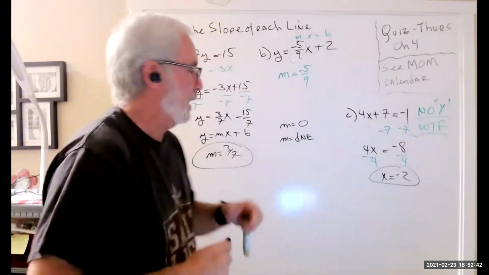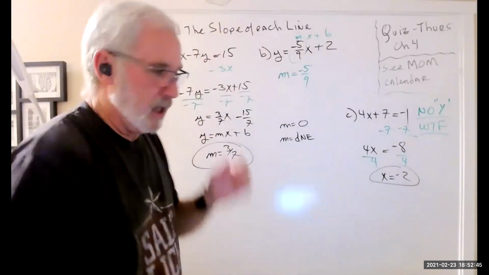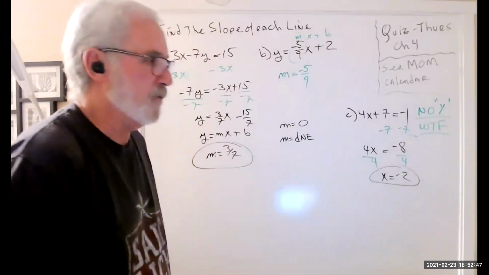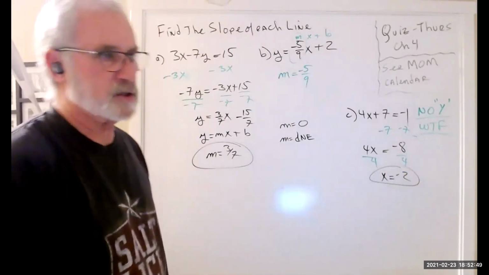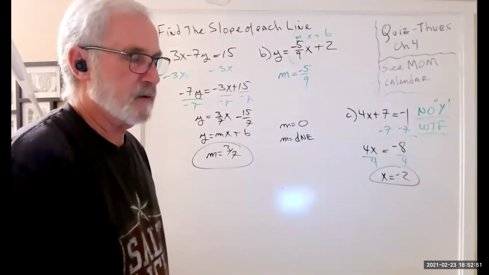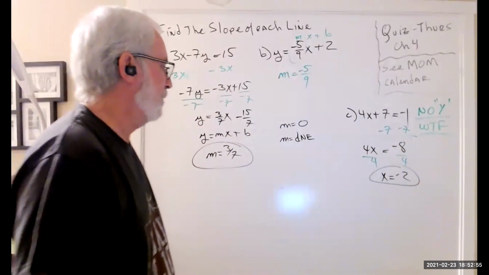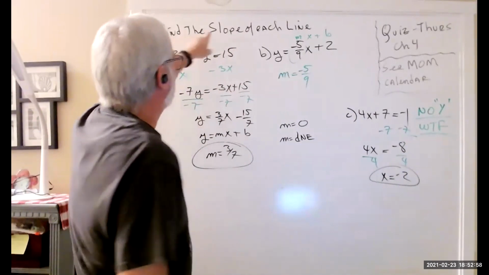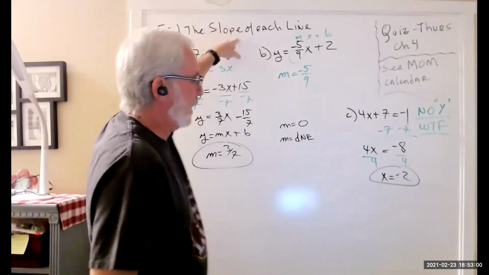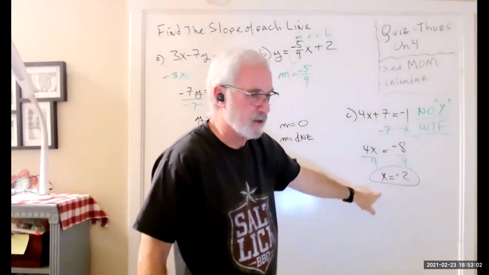Now, every year that I've ever taught this class, and remember, I've been doing this for over 40 years in one form or another, I say, what's the slope? And people tell me x equals negative 2.